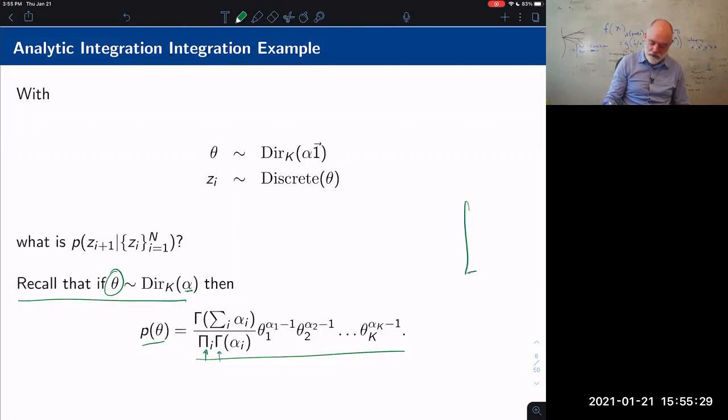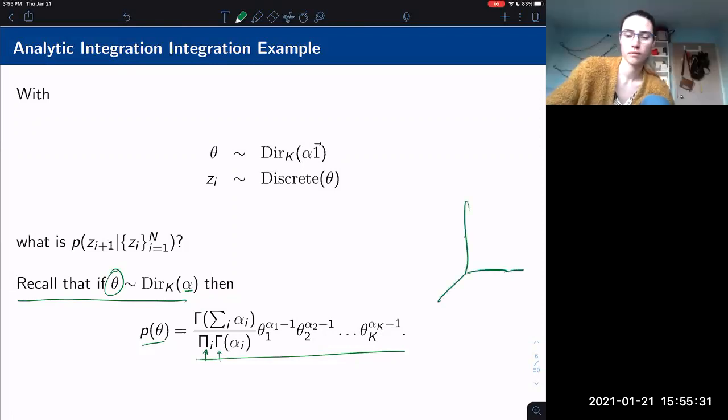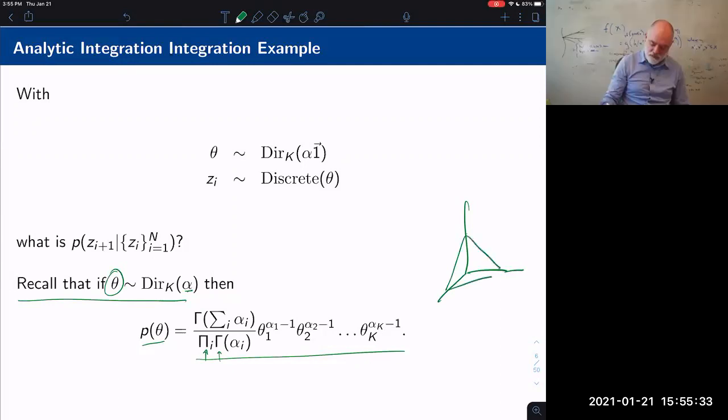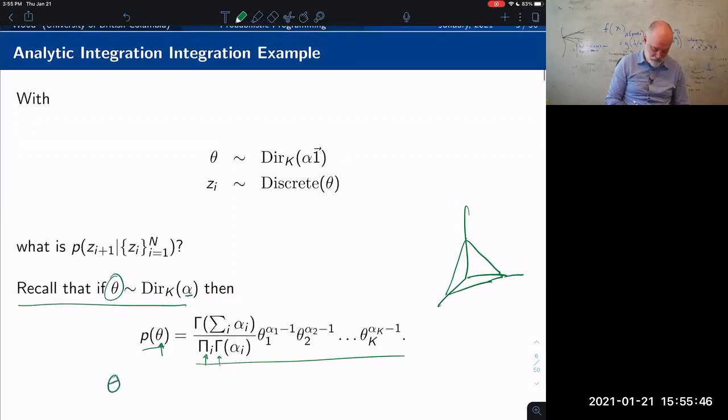The Dirichlet distribution is a really awesome distribution. Theta is a member of the k-1 dimensional simplex.